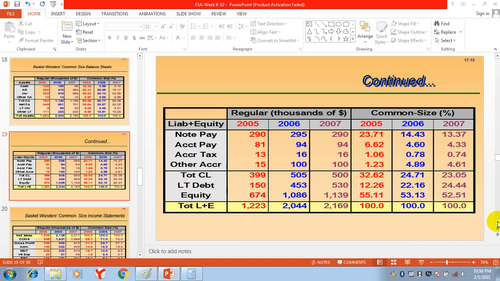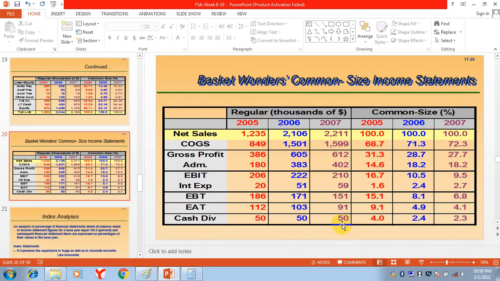Now come to analysis of the income statement. Sales, not showing anything in sales, but there is an increase in sales. Cost of goods sold goes from 68 up to 71, up to 72, which is not a good sign. Your sales is increasing, but cost of goods sold is also increasing.